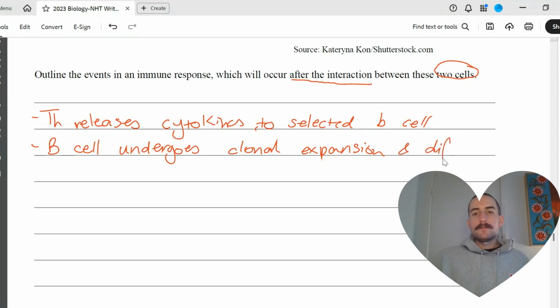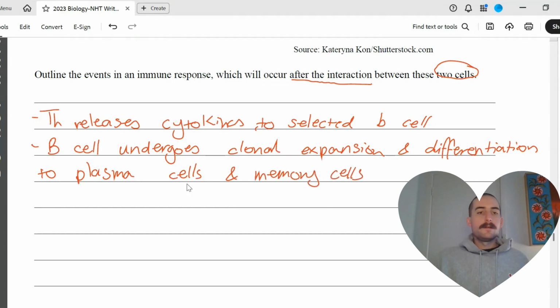It's always nice to add more information if we can. So we're going to say what they differentiate into, which are going to be our plasma cells and our memory cells. Great. We can just keep going down the line here. Again, it's 4 marks. We've got 2 marks here.